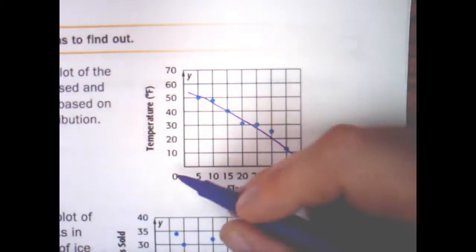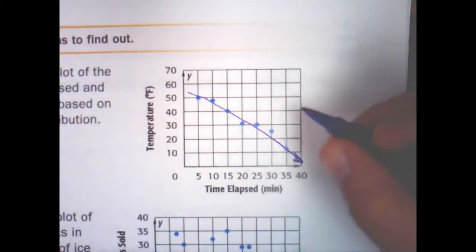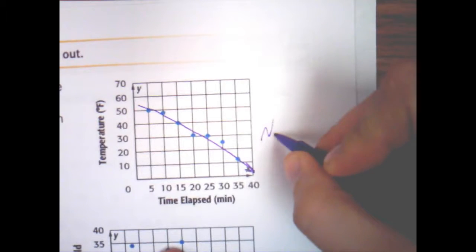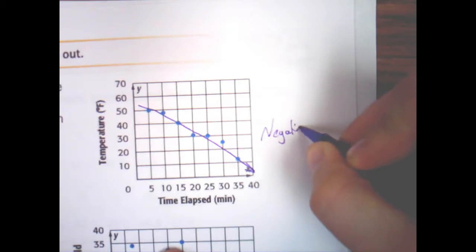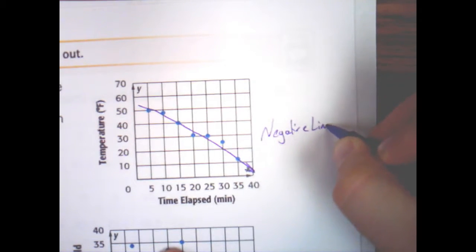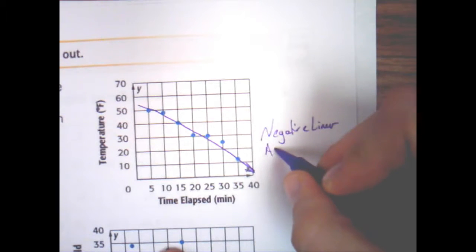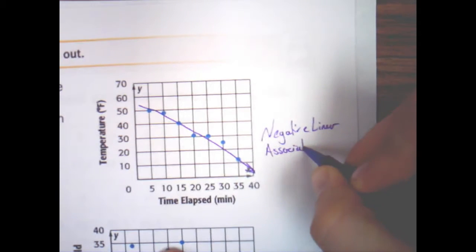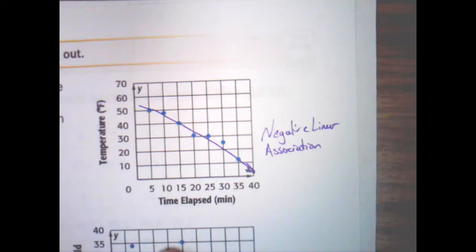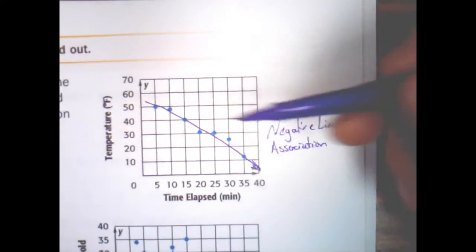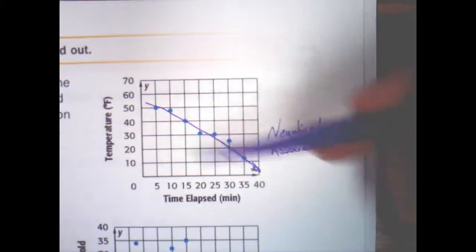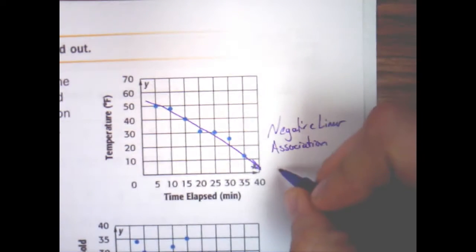Since it's going down as x increases, y decreases, this would be a negative linear association. Okay, I don't really see any clusters. It looks pretty standard.